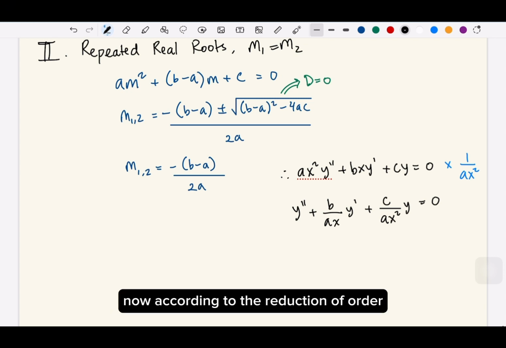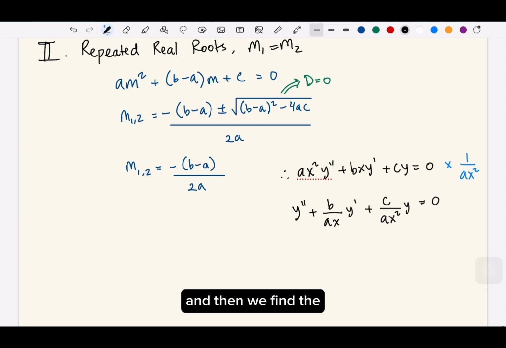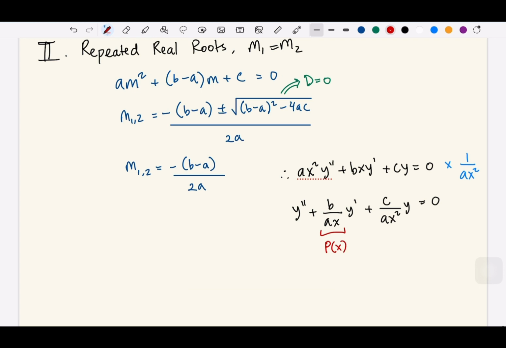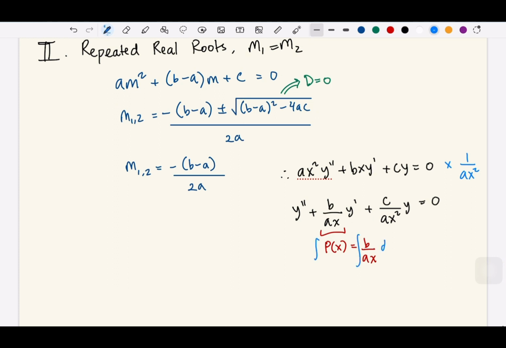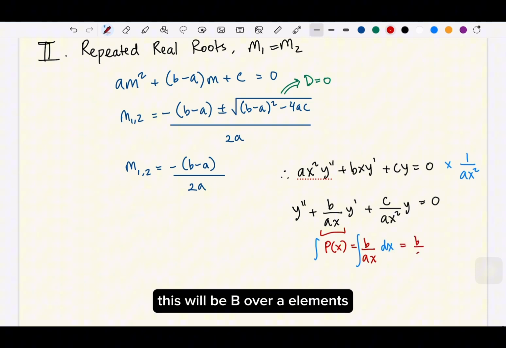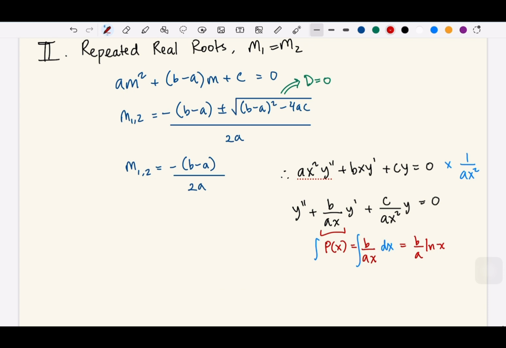Now according to the reduction of order, we find this one is our p of x, if you remember. So p of x is b over ax, and if we take the integration, this will be b over a ln x. Okay.